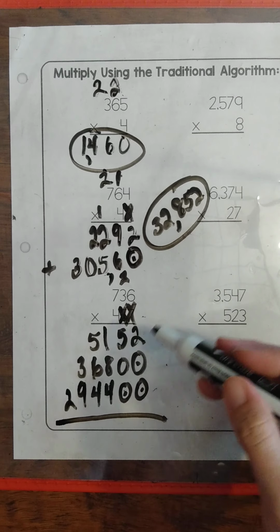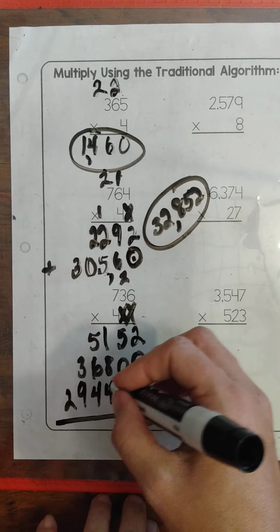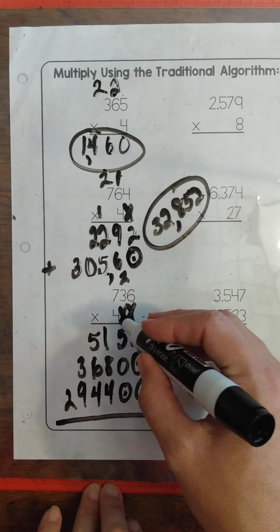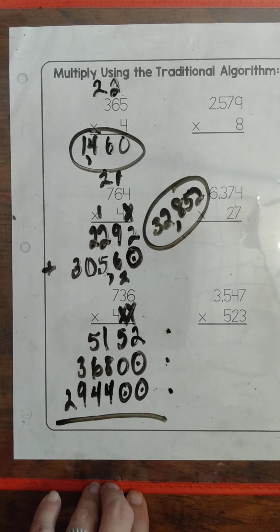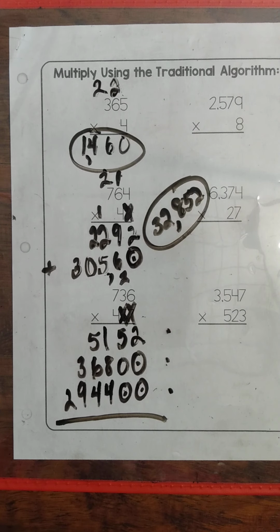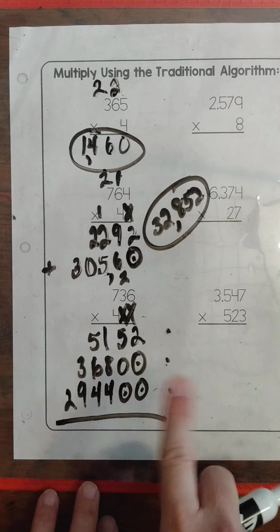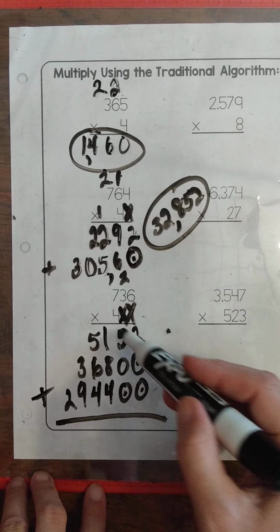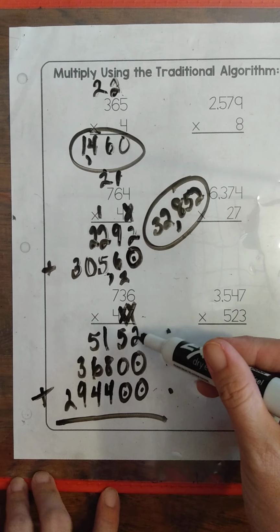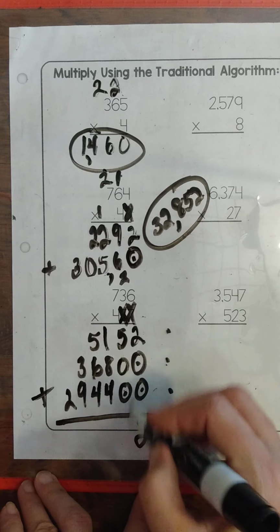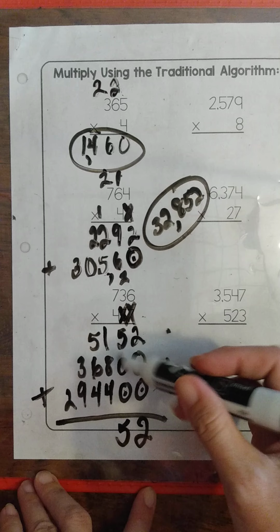Some students get confused here and they try to go back or maybe get interrupted in the problem. Remember, this is a 3-digit number, so you should have 3 different numbers if you're using the traditional method that you're going to be adding. Again, it's helpful if you line up your digits as you go, but you could also write them out to the side to make sure that your math is correct.